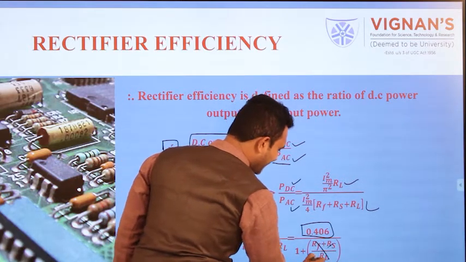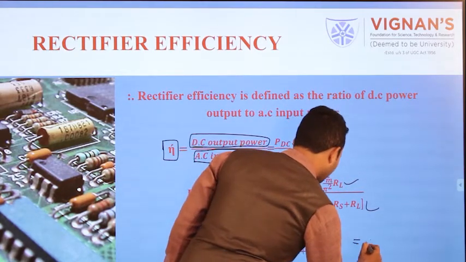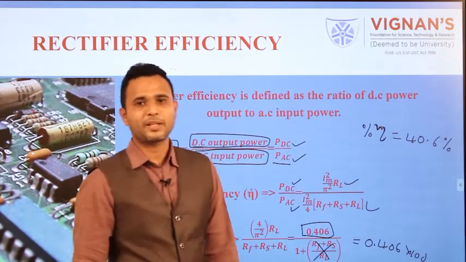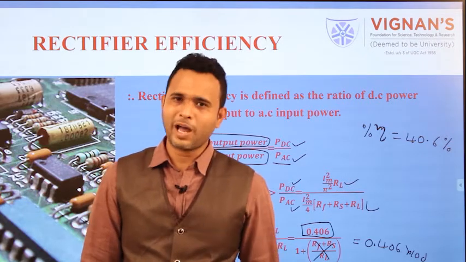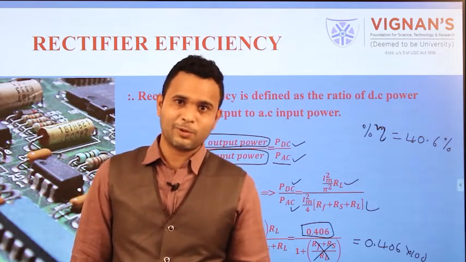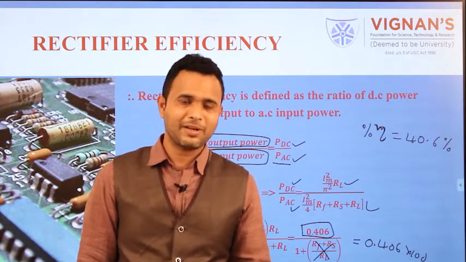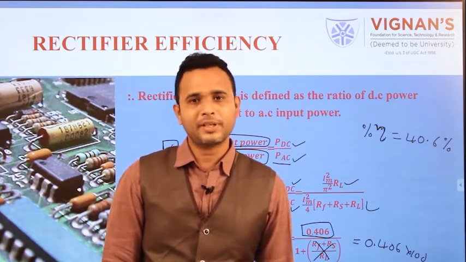If we neglect it, the total efficiency is 0.406, that is 40.6%, which is a very low value. That's why, as I told you in the last class, practically we are not using the half wave rectifier. Why? Because the efficiency is very low for the half wave rectifier.